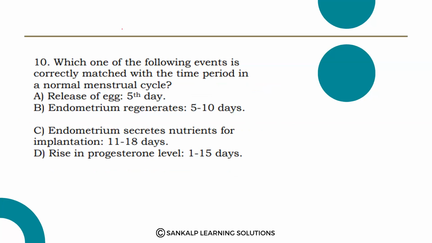Okay, let us proceed. 10th question. Which one of the following events is correctly matched with the time period in normal menstrual cycle? They are asking time period now. Release of egg, 5th day. Endometrium regenerates, 5 to 10 days. Endometrium secretes nutrients for implantation, 11 to 18 days. Rise in progesterone level, 1 to 15 days. So what is your answer? Which one of the following events is correctly matched?